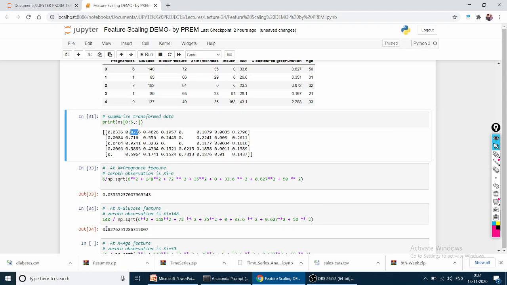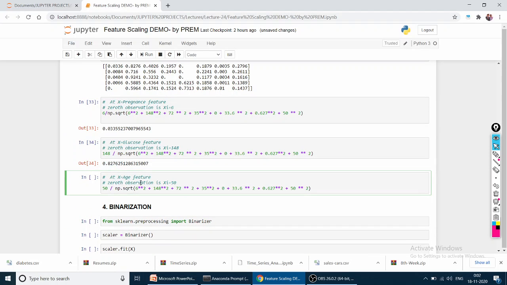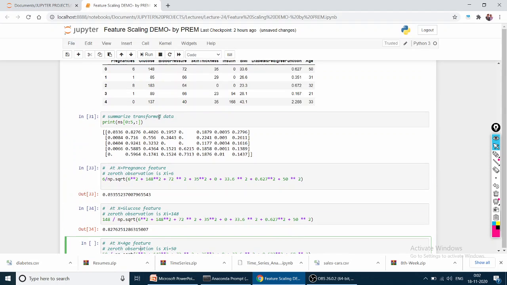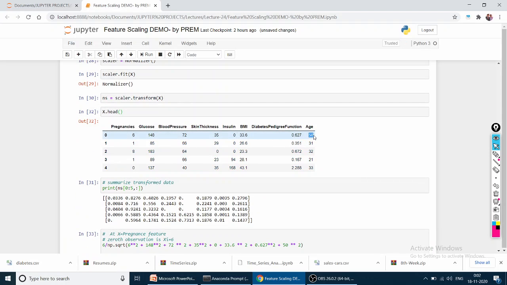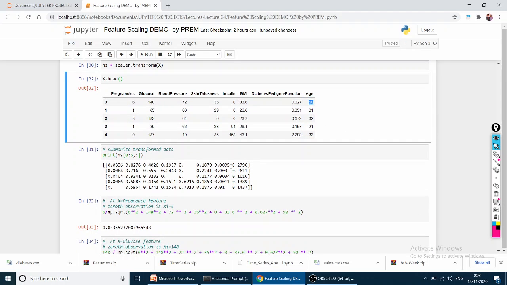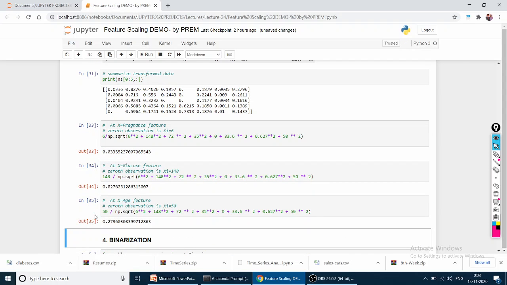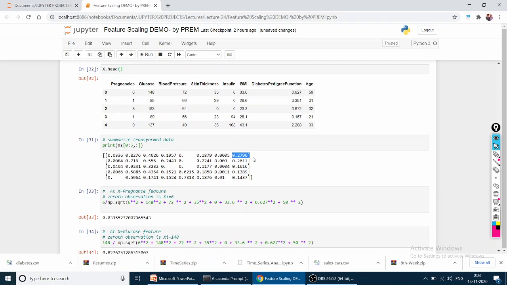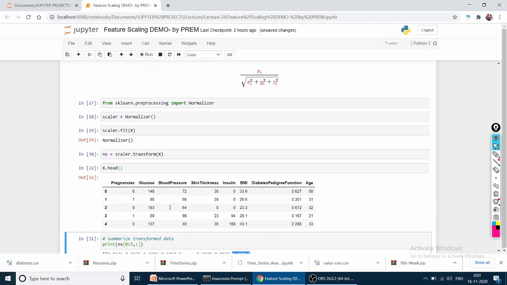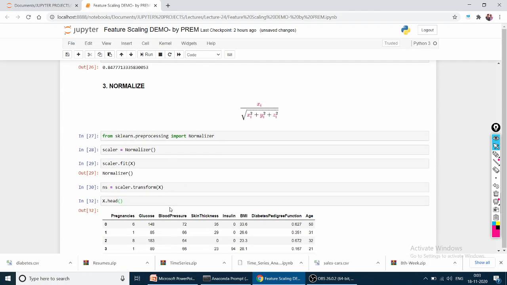At the age feature, this value is 0.2796, that is 50 divided by the same root, giving 0.2976. This is the way we calculate the normalized scaling values.